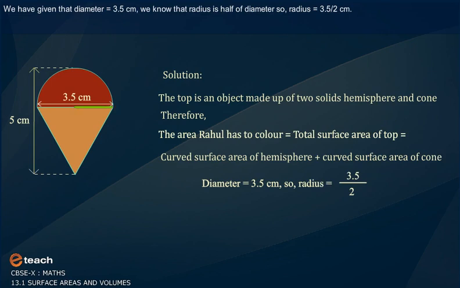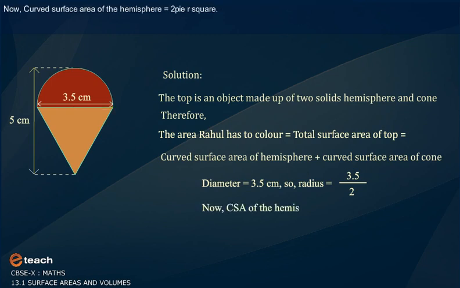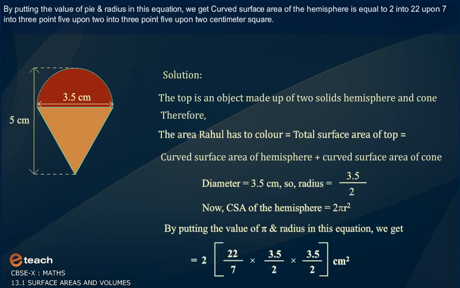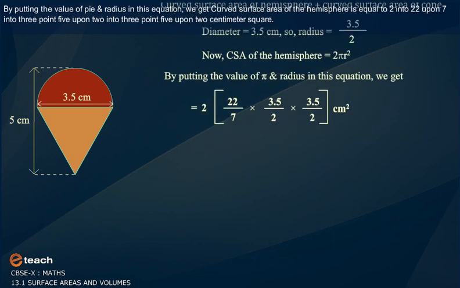So, radius is equal to 3.5 upon 2 cm. Now, curved surface area of the hemisphere is 2 pi r square. By putting the value of pi and radius in this equation, we get curved surface area of the hemisphere is equal to 2 into 22 upon 7 into 3.5 upon 2 into 3.5 upon 2 centimeter square.